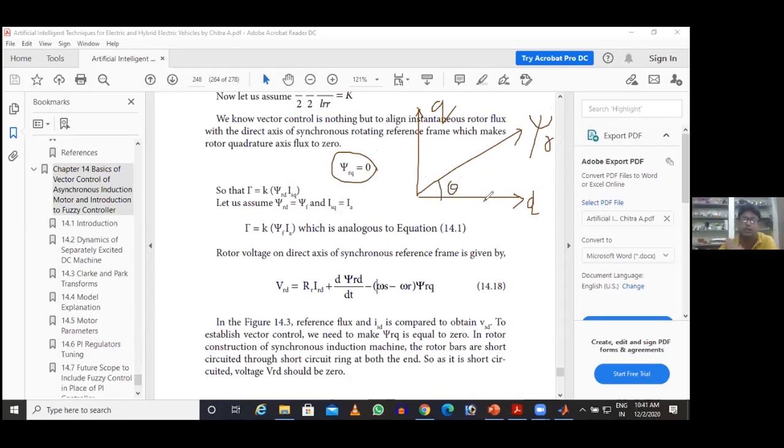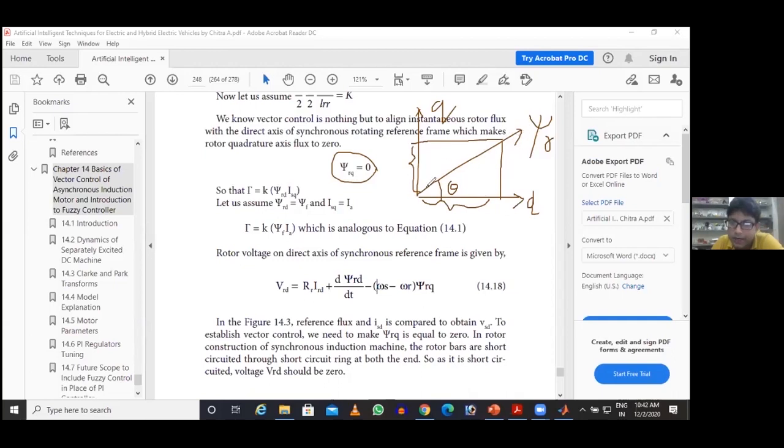It is instantaneous; the rotor angle is rotating. Now, this is your psi rq, and this is your psi rd.